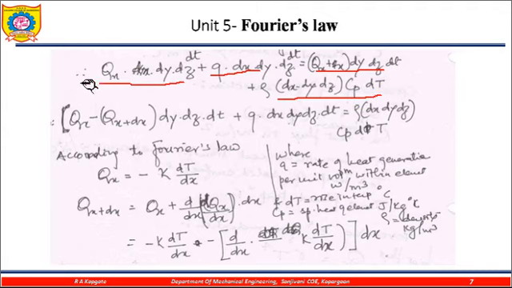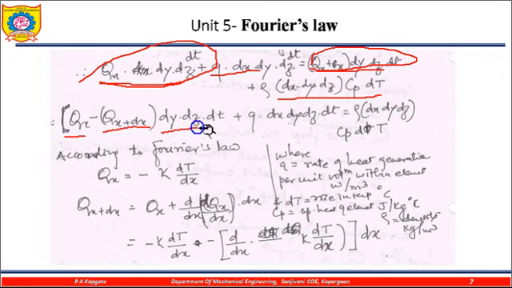Now by manipulation, these terms are the same, so qx minus qx plus dx, dy dz dt, plus q dx dy dz dt is equal to my change in internal energy, rho dx dy dz cp dt.